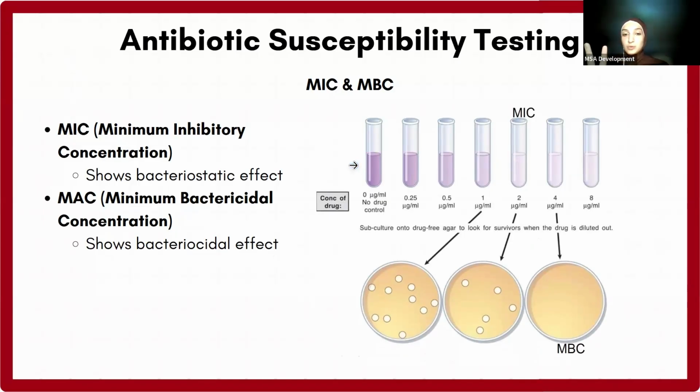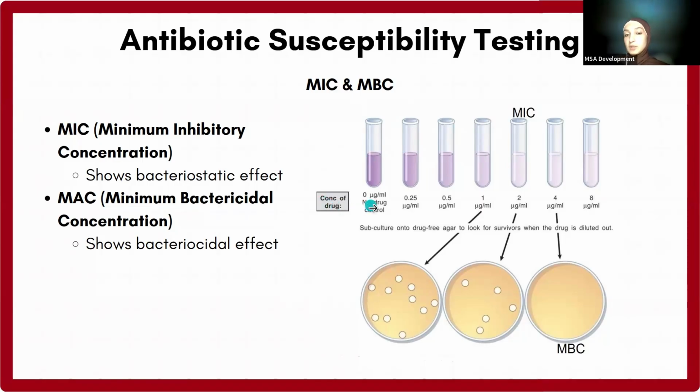It can be done through two modalities, either broth or agar. Once we do the broth for MIC, we put a specific amount of a microbe into the broth, the same for all of them, and then we have a specific concentration of the drug.